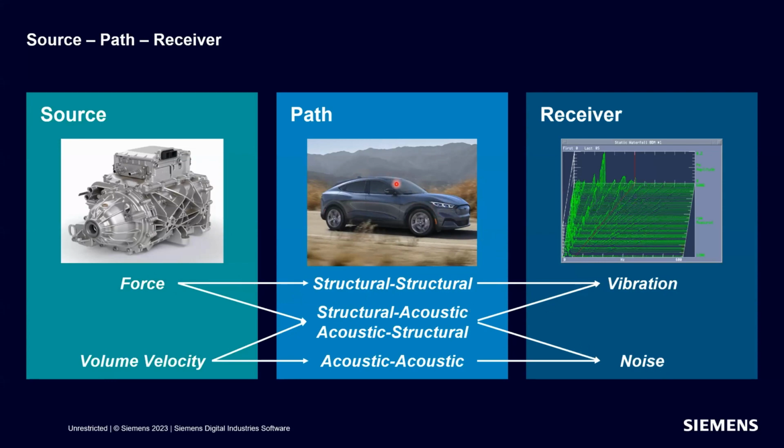And it doesn't matter if it's a car or an airplane or a washing machine or whatever the product is, anything with noise or vibration, you can use this technique. And the functions that we use, this FRF could come from test, but it could also come from simulation.